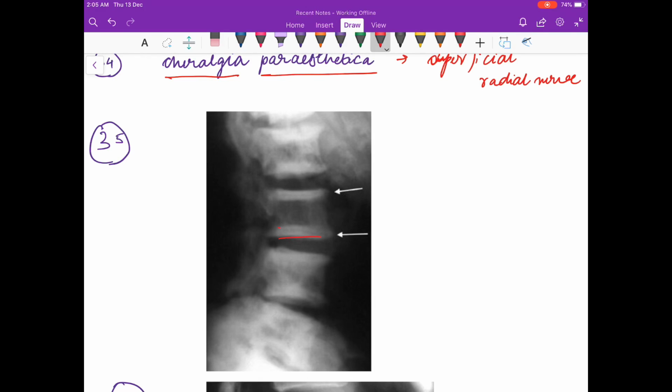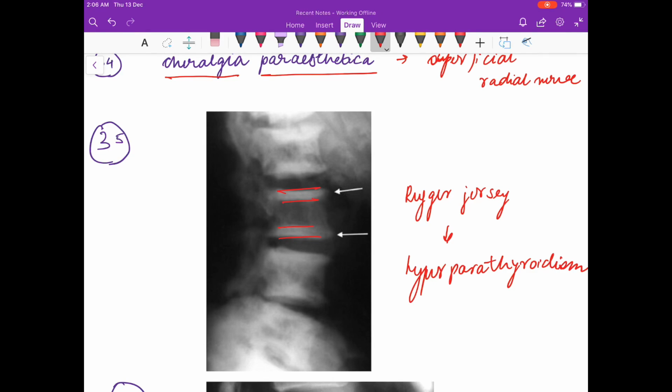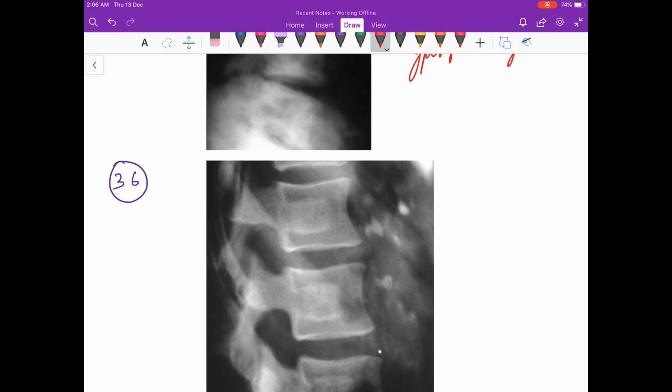So what is this? Rugger jersey spine. It is seen in hyperparathyroidism. What is this?